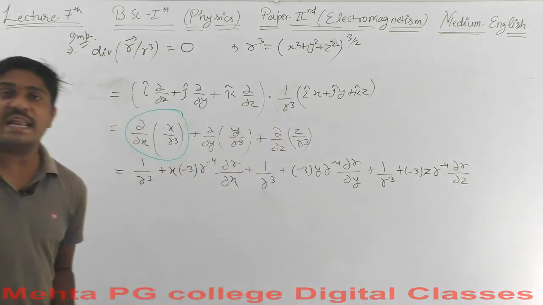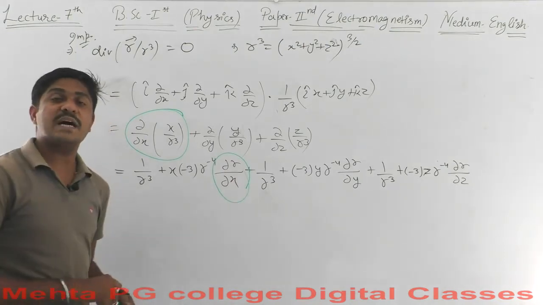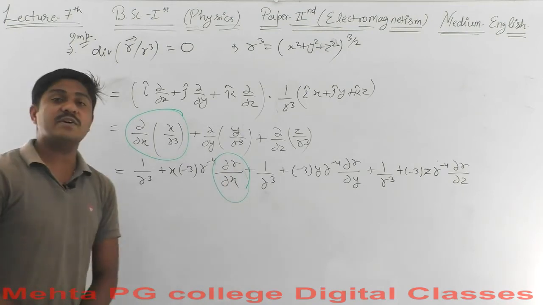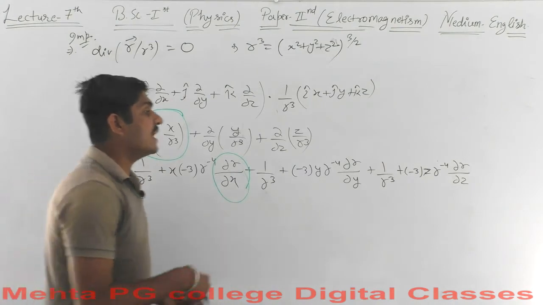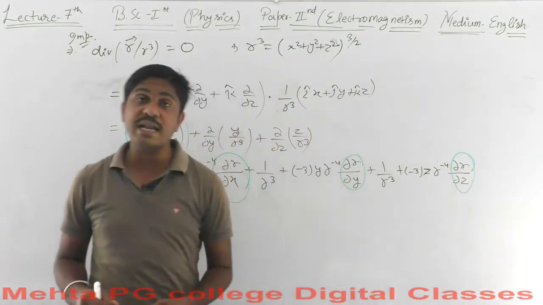If you remember, last time when we took into consideration the partial derivative for r vector, we remember curly r over curly x is equal to x upon r, curly r over curly y is equal to y upon r, and curly r over curly z is equal to z upon r.